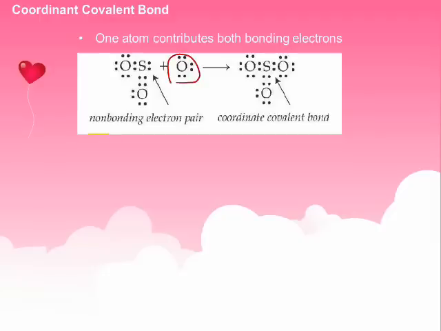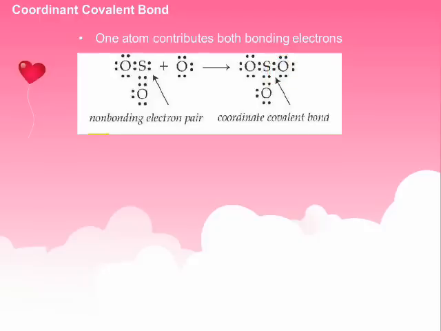Oxygen comes over. He wants 2 really bad. Look at that, free. This sulfur is not using it, so out of the goodness of its heart, it says, go ahead. You can take that electron. Just stay close. I'm not going to give it to you, but you can use it. So over here, it's called a coordinate covalent bond.